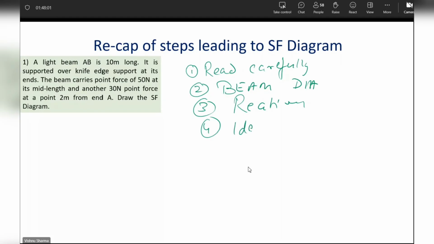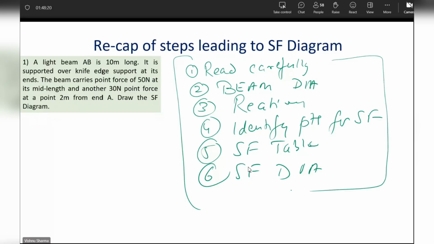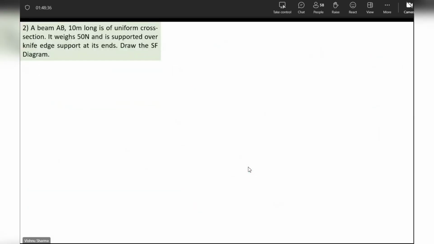Then identify points for the SF table, and sixth is the SF diagram. Right, guys? This is what we mean by a recap of steps that lead to the SF diagram. It all starts with the correct beam diagram, because if your beam diagram is wrong, you will not be able to shape your SF as we go forward. Please participate as much as you can, and let me know wherever you feel doubt.